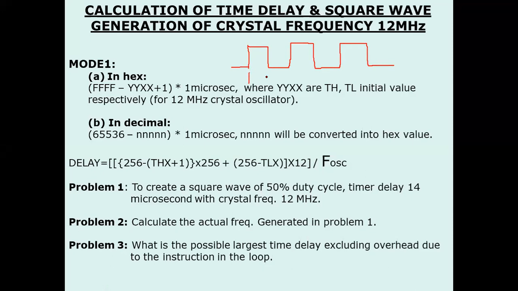So if we take this one, this is T1 and this is T2. Now tell me, what is on time and what is off time, T1 or T2? Sir, T1 is on time and T2 is off time. Okay, very good.